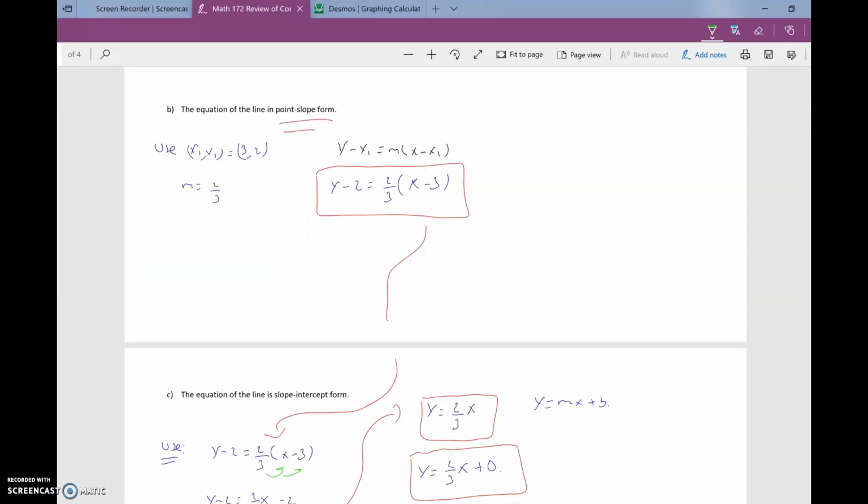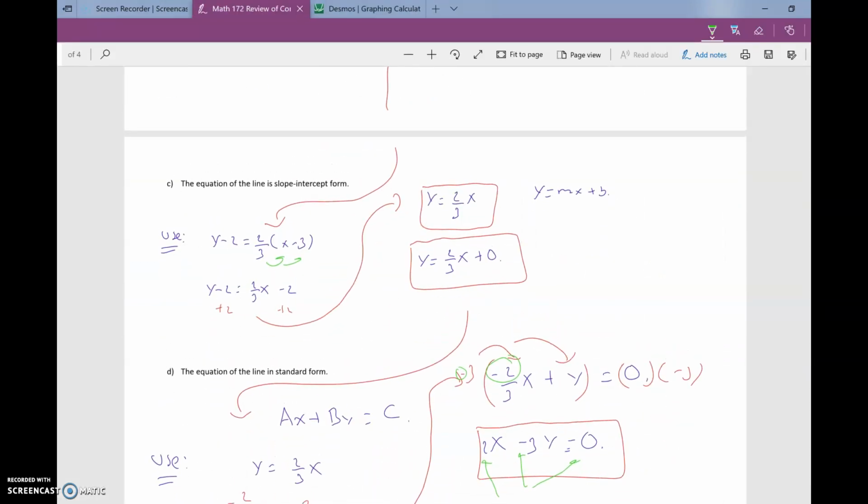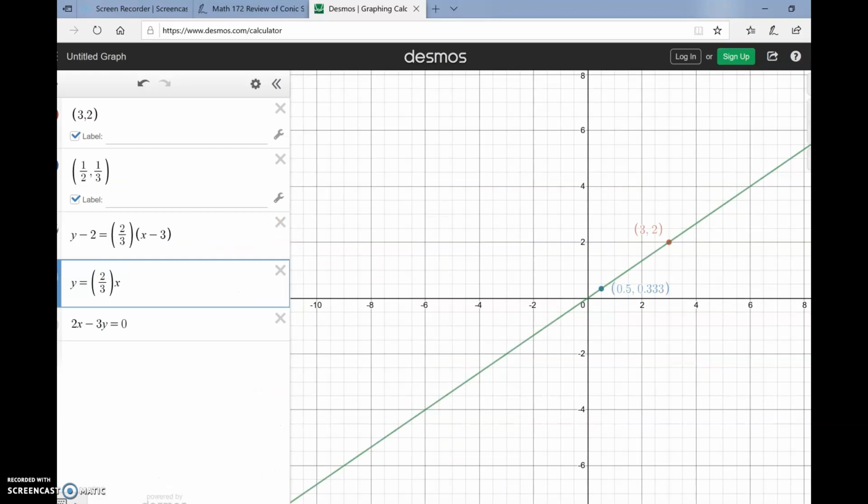Then from there we went to slope-intercept form, which we ended up with y is equal to 2x over 3. That would be the second one, and let me change the color. There we go. Then it's just a different way of expressing the same line.